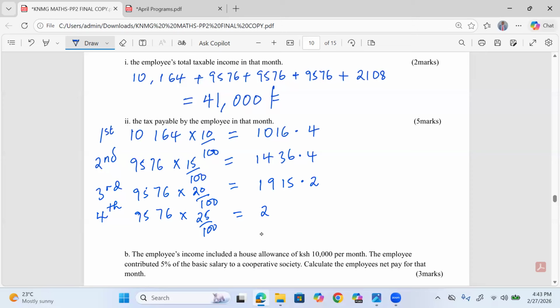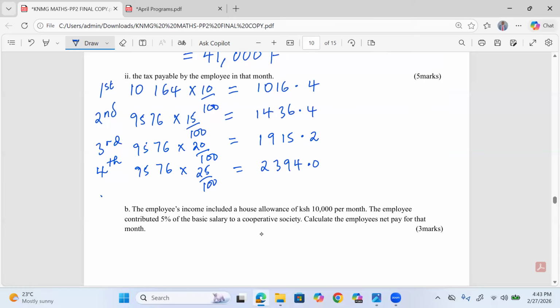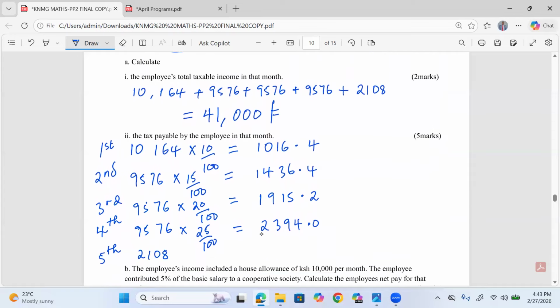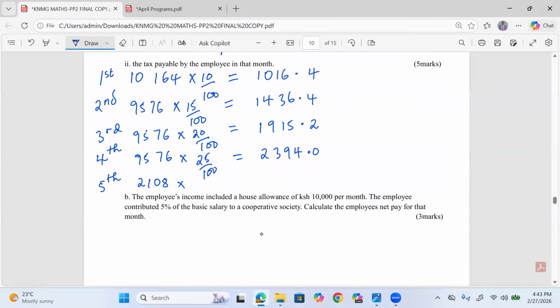This is 2394. And finally, in the fifth, we are already given 2108, the amount that lies there at the rate of 30%. So 2108 by 30% is 632.4.